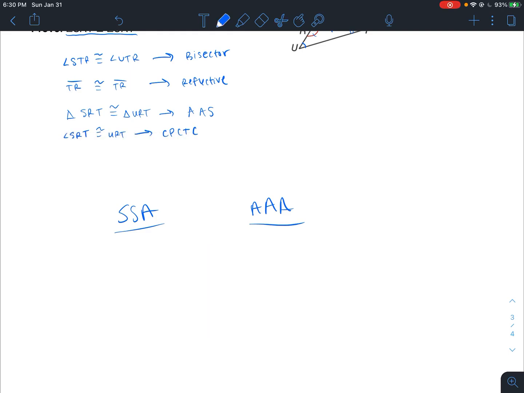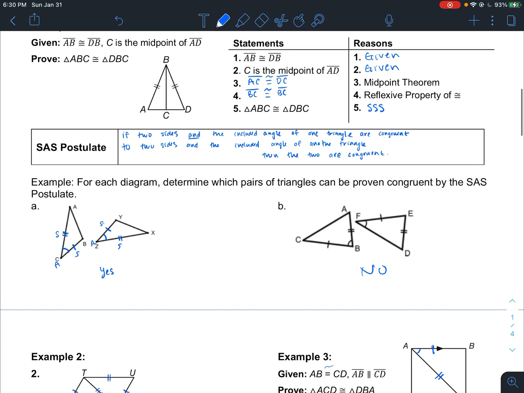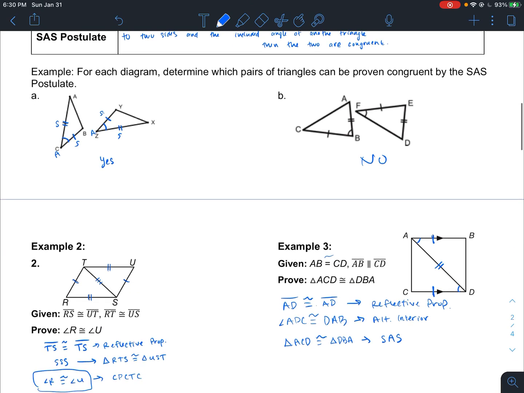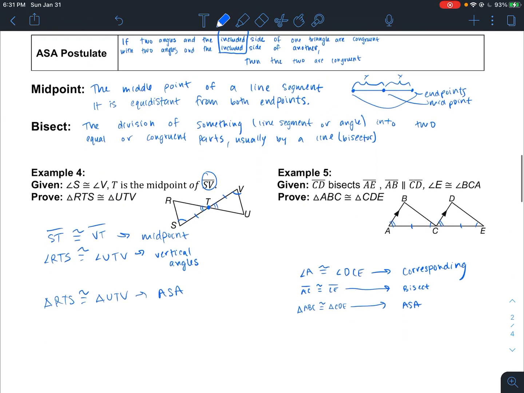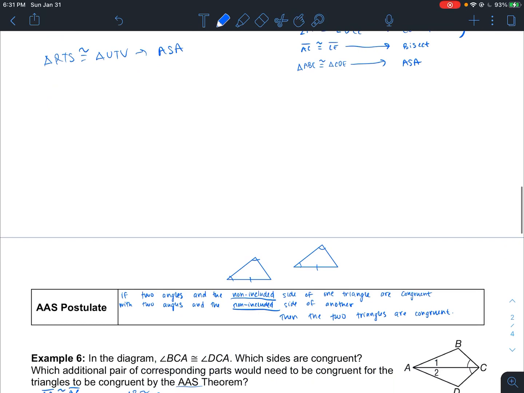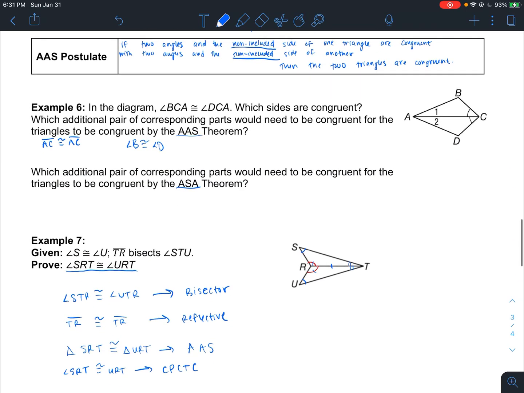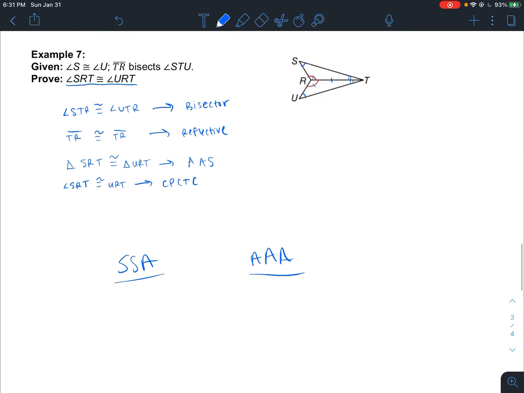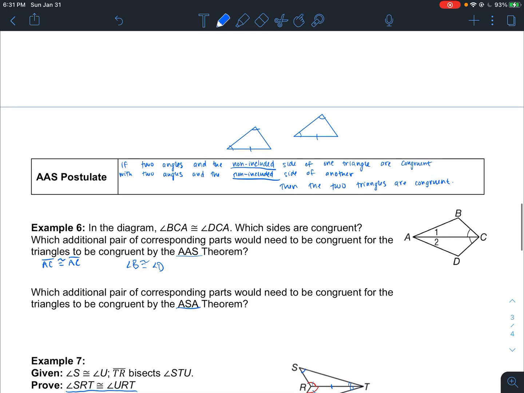If we want to review really quickly, we've gone through SSS, which is side side side, SAS, which is side angle side, ASA, which is angle side angle, and then AAS, which is angle angle side. Using these parts, we can prove congruence between two triangles.